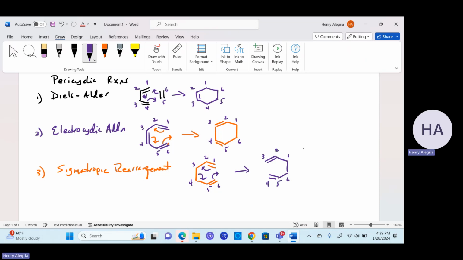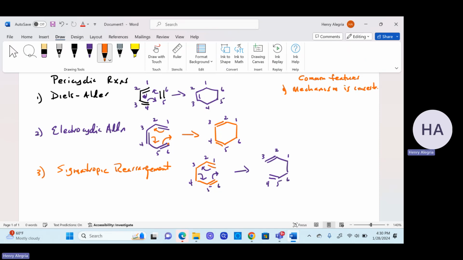Now, if you look at these 3 reactions, they share certain common themes that I'll just put on the side here, let's say common features that you see in all 3. First of all, if you really pay attention, you will notice that in all of them, the mechanism is concerted.